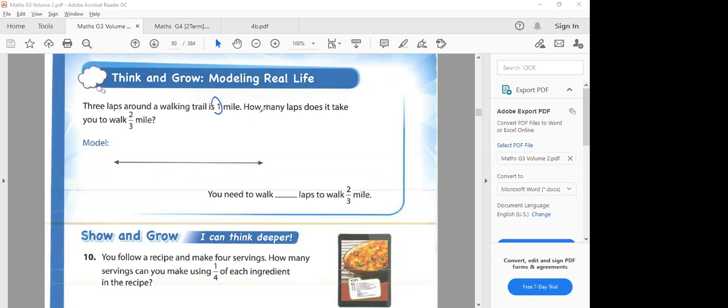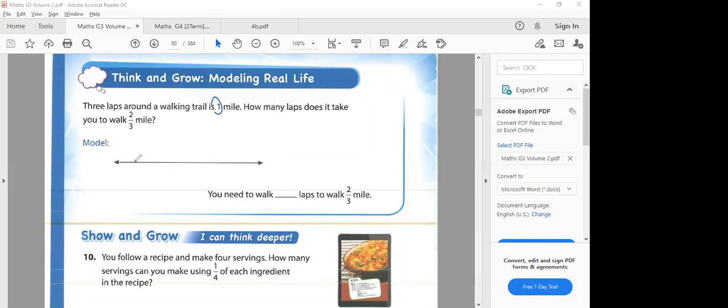How many laps does it take you to walk 2 over 3 mile? Did you get the point of the question? Two jumps. Yes, excellent.